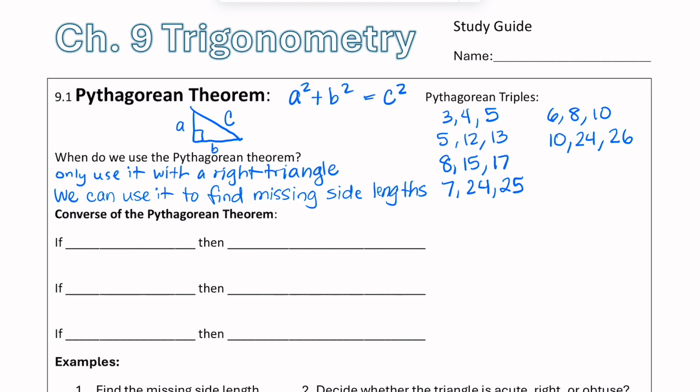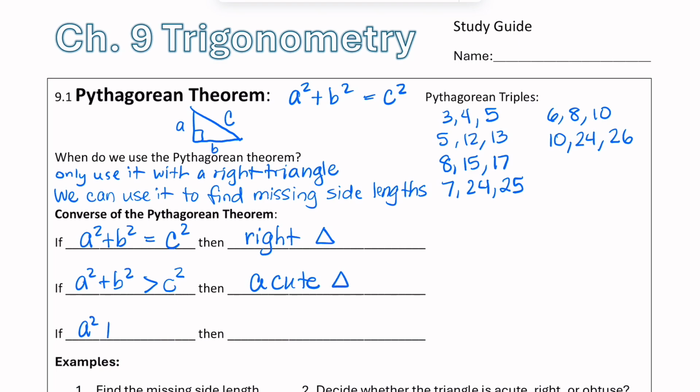We can also use it to prove that a triangle is a right triangle. So if we see that a squared plus b squared does in fact equal c squared, then we know it's a right triangle. Okay, if we see that a squared plus b squared is greater than c squared, then we have an acute triangle. And if a squared plus b squared is less than c squared, then we have an obtuse triangle.